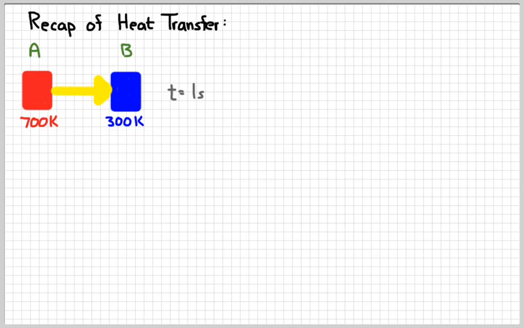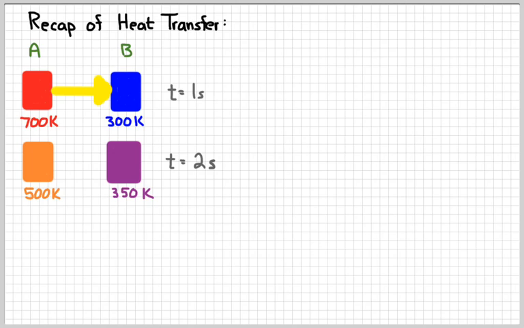So let's suppose that this is at t equals 1 second. At t equals 2 seconds, they're going to have different temperatures. Because heat's leaving sample A, it's going to get cooler. And because heat is entering sample B, the particles in sample B are going faster, it's going to get warmer.